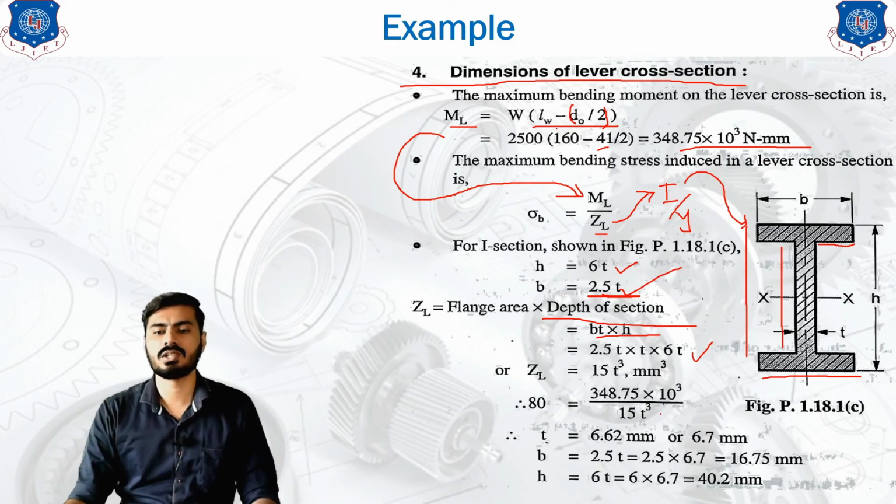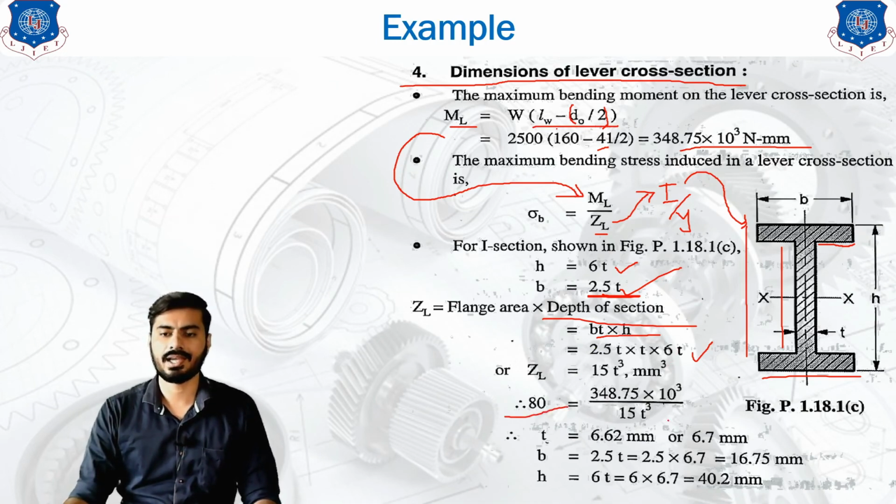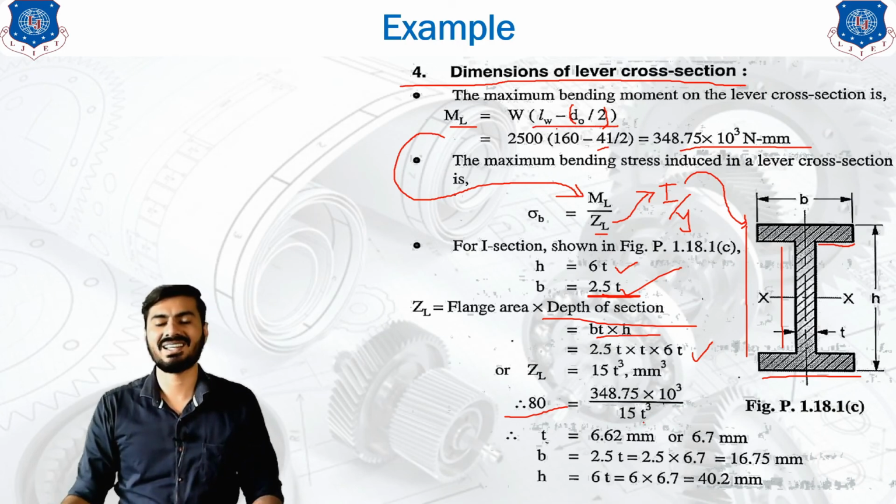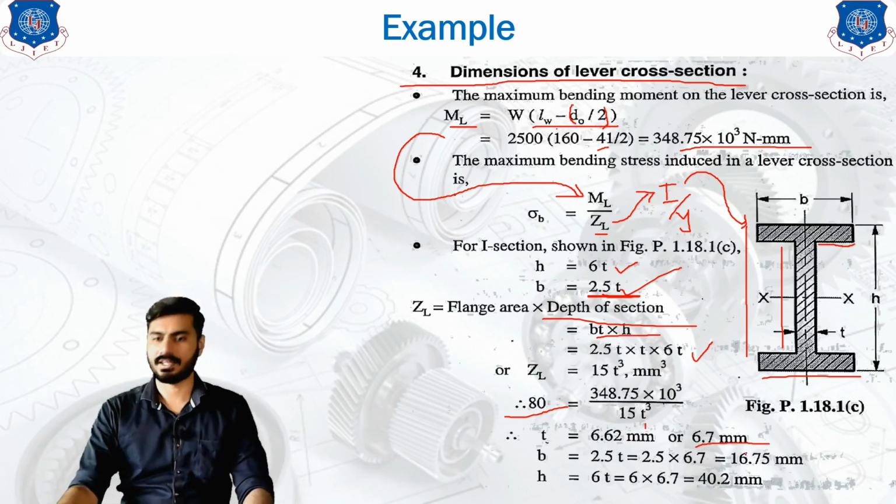If you substitute this value in the above equation, the only unknown remaining is T cube, and by taking the cube root you can simplify and get the final answer as 6.7 mm.